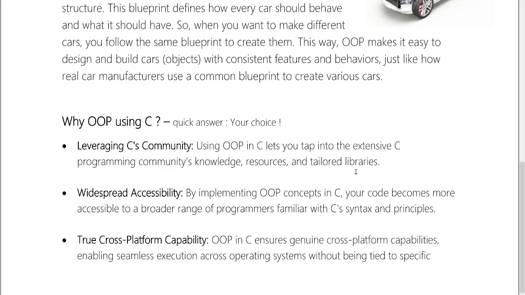So more people would have access to your code and understand it easily. The biggest advantage that I see is that it's truly cross-platform. You write code in C and compile it on any platform, whether a device, a home computer, or a mobile phone. You can compile it on a variety of operating systems.